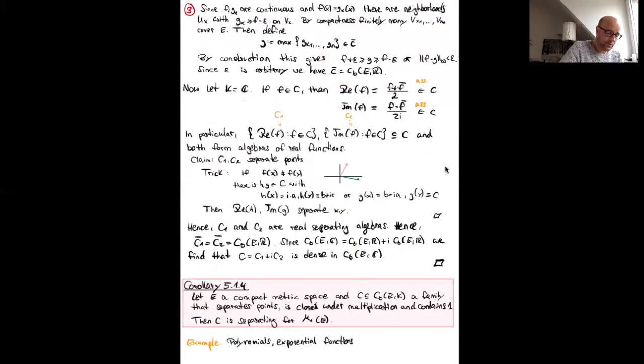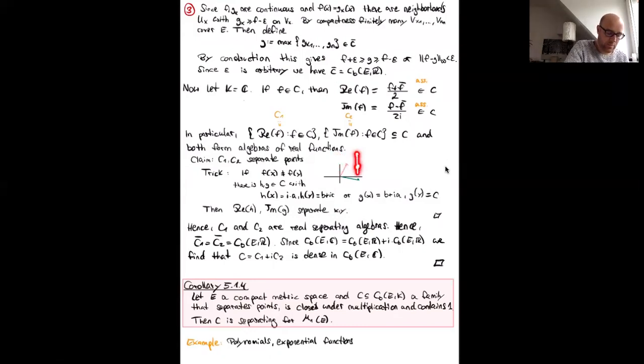If I have 2 points, x and y, and I know in C there's a complex function that separates points, why do I also know the real part separates points? It's not so obvious at first sight. Suppose I have 2 points, and the values f of x and f of y are both here or here.